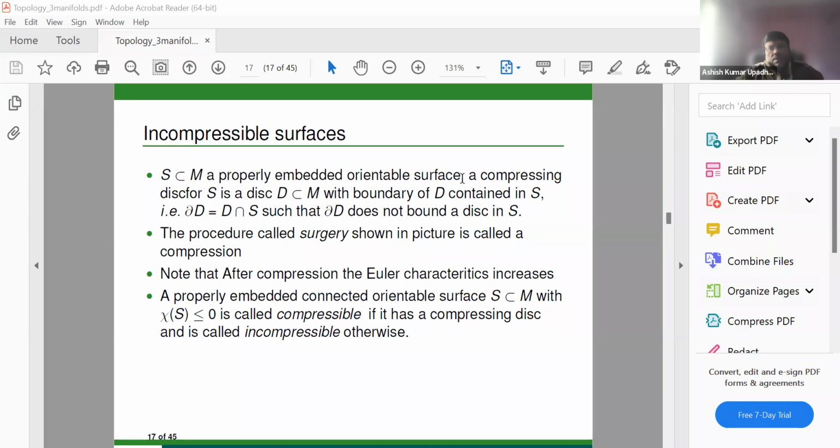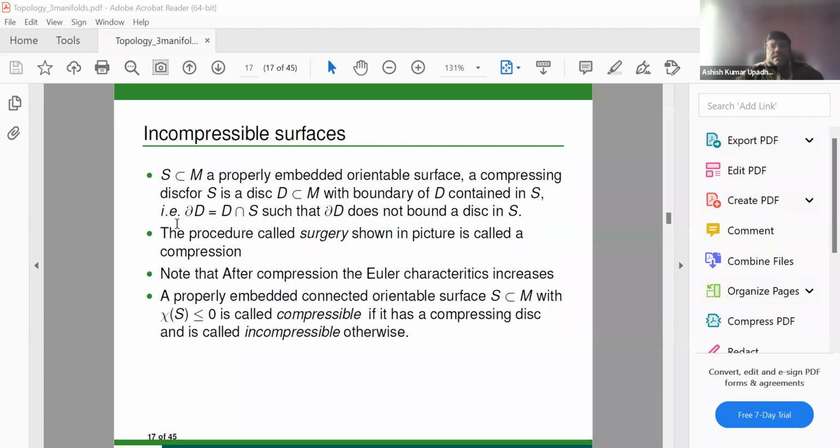So before going into decomposition of 3-manifolds which contain tori, let us understand some technical terms. Let S be a properly embedded orientable surface.